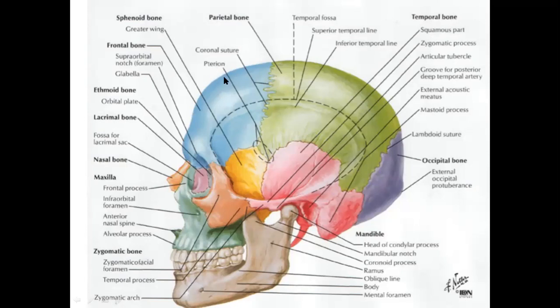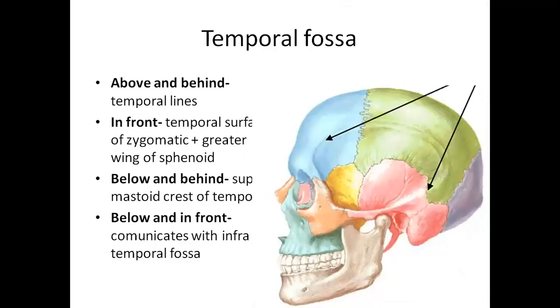Pterion can be a 3 marks question. So what are the four bones which are meeting here? One is the frontal bone, the other is the parietal bone. Next we have the temporal bone, and then the sphenoid bone. So the meeting point of sphenoid, parietal, frontal and temporal is the pterion. Whatever is relevant and important, I am telling you.